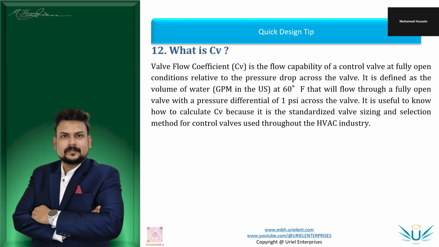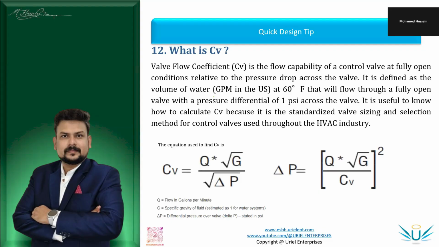In order to calculate the CV, what information is required? Simple. CV equals Q into root of G divided by root of delta P. Q here is the water flow in GPM. The specific gravity of the fluid is considered as 1, always 1, so you don't need to bother about it.